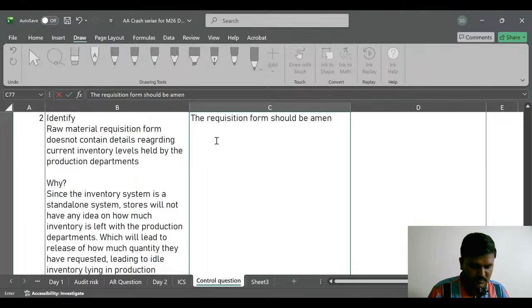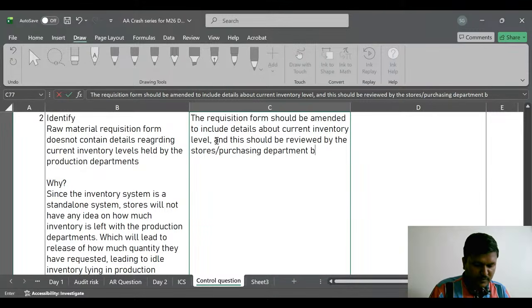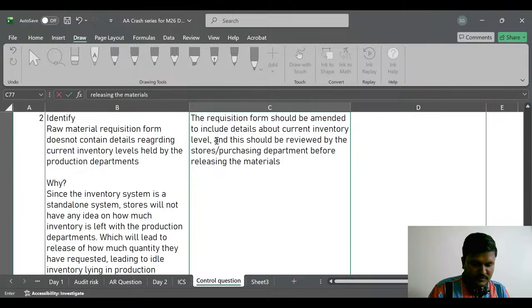Requisition form should be amended to include details about current inventory level, and this should be reviewed by the stores or purchasing department before releasing the materials to the production departments.